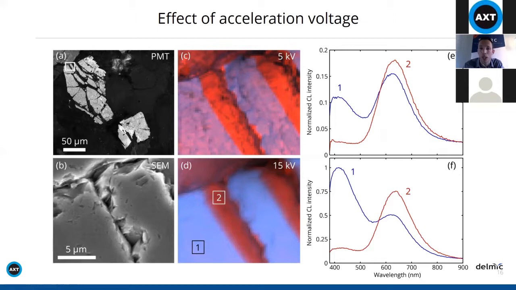Whereas for 15 kilovolts, the result is more uniform and more washed out. You can also see that the intensity is much lower for the 5 kilovolts, because these y-axes are to scale, which means there's about a factor of 3 to 5 difference between these two.